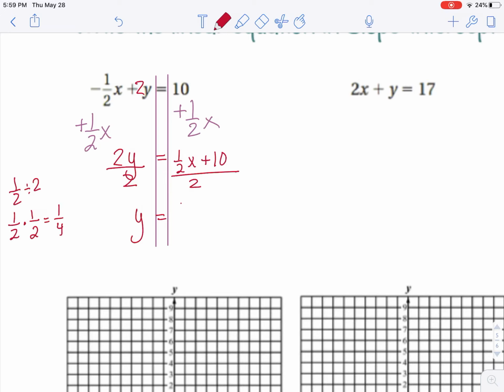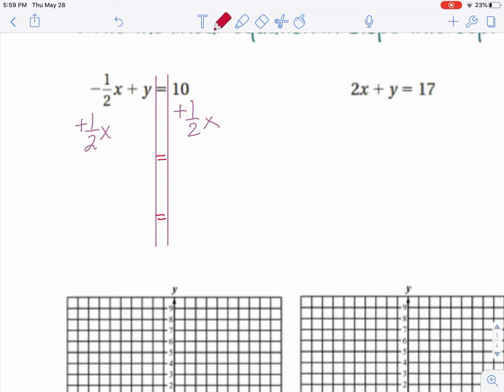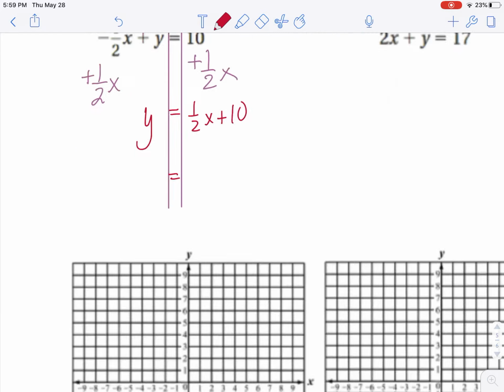And that's actually going to give us 1/4. So that would be 1/4 x plus 10 over 2, which is 5. So even if there was a coefficient in front of y, it would be no problem as long as you wrote it off to the side and did the math slowly. But that's not the case. We don't need that 2. It's y equals 1/2 x plus 10.